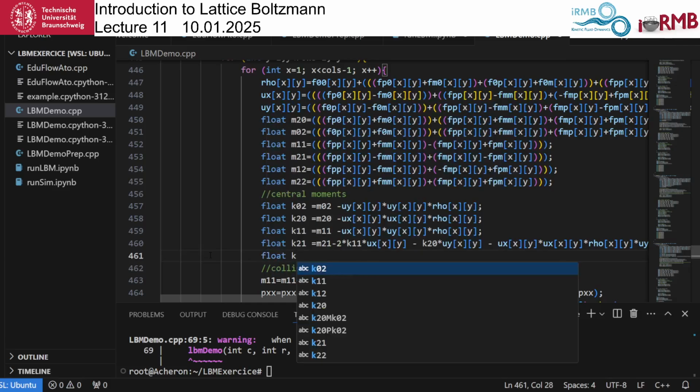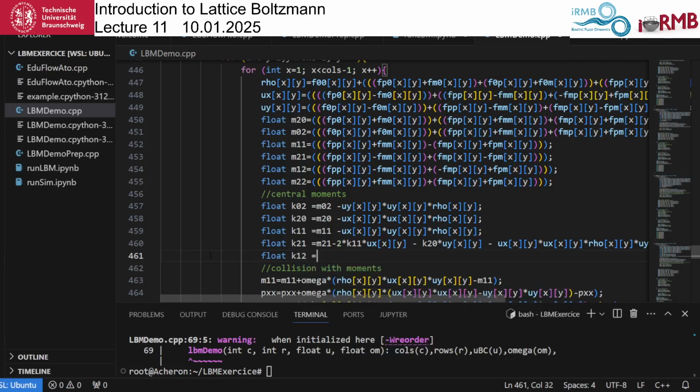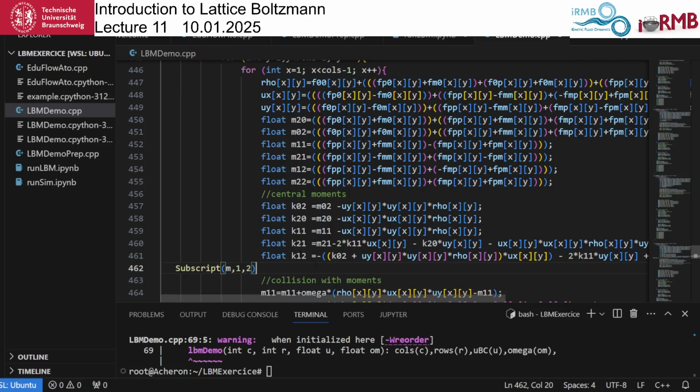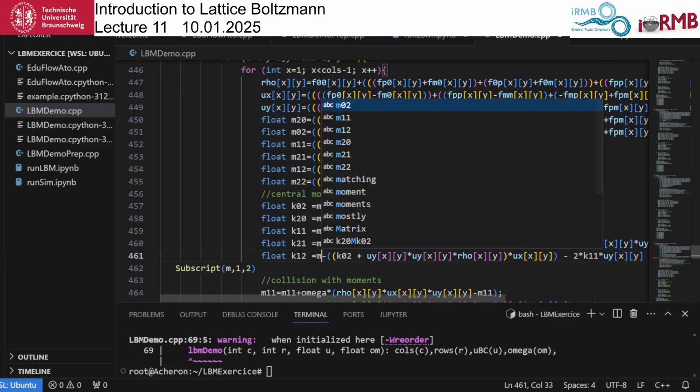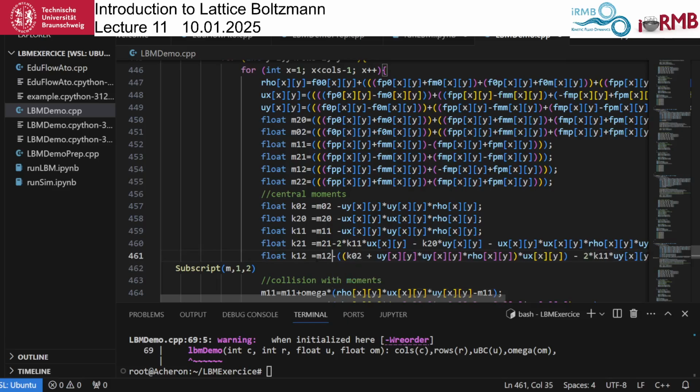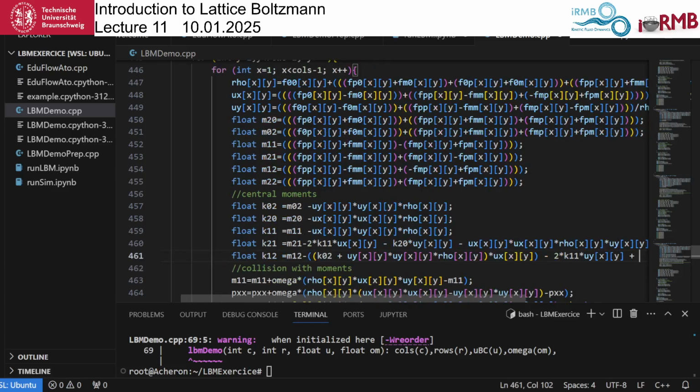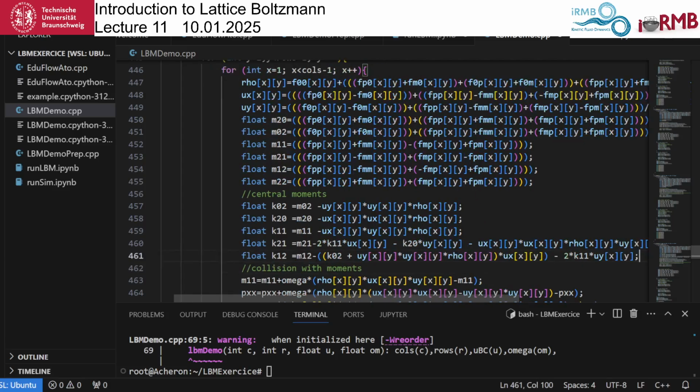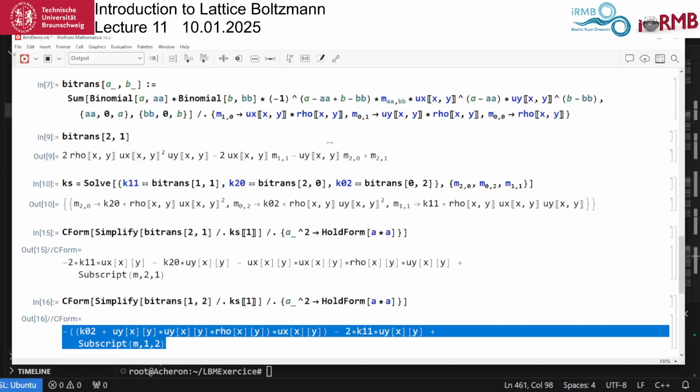Float K12 is equal to this guy, and here we have again this M12 minus, which is actually transformed in a different format, but hopefully, see, it looks strangely different, right? Okay, let me see. Does it make sense? So it's 2 minus K.